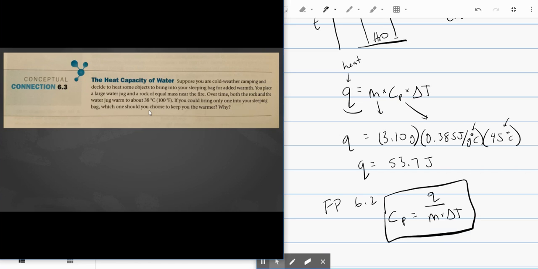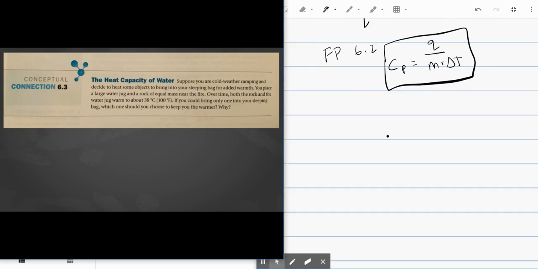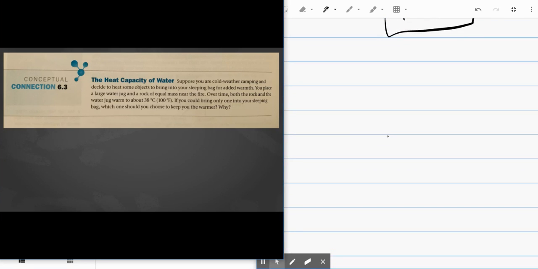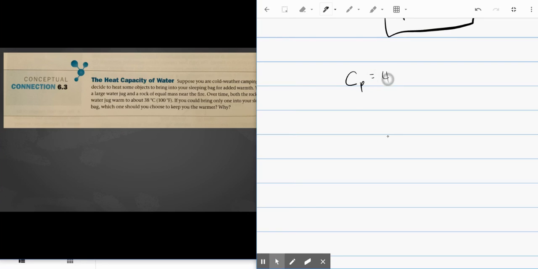Okay, if you said the water, then I highly agree. The reason that water would be the smart choice is because it has a specific heat of 4.18 joules per gram degree Celsius, and this is one of the highest specific heats of anything. A rock is going to have a lower specific heat, and metal definitely has a lower specific heat.